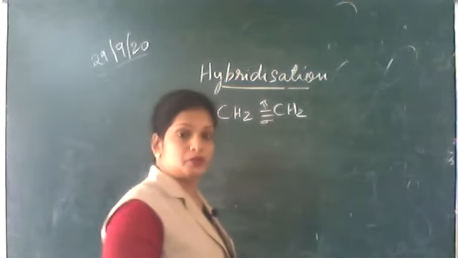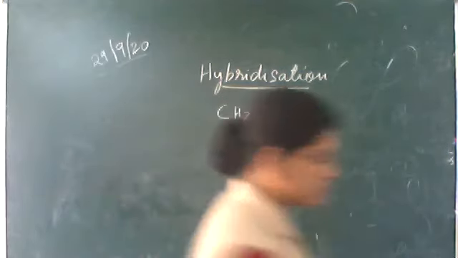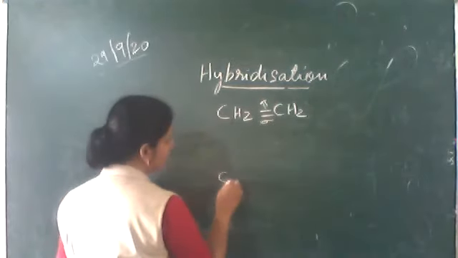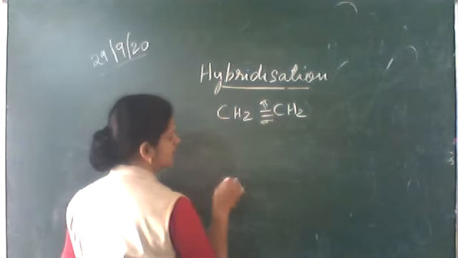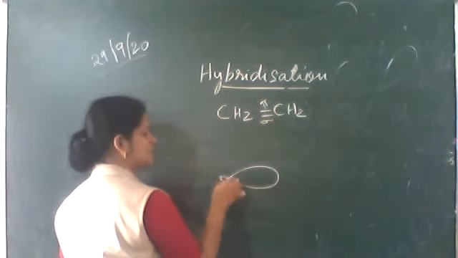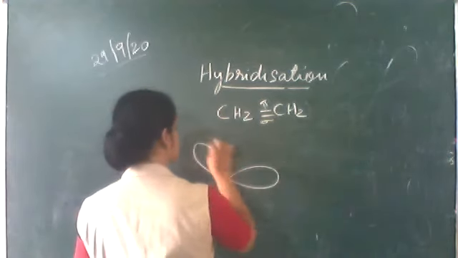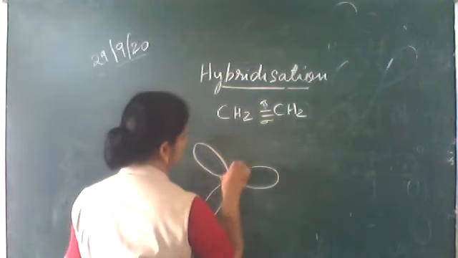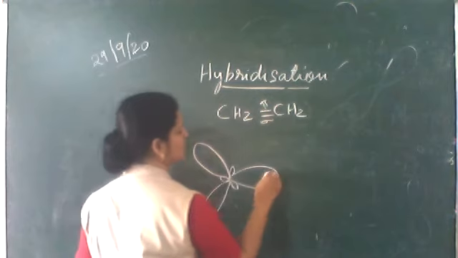These observations are explained using theory. So the central carbon has its sp2 hybridized orbitals with one electron.